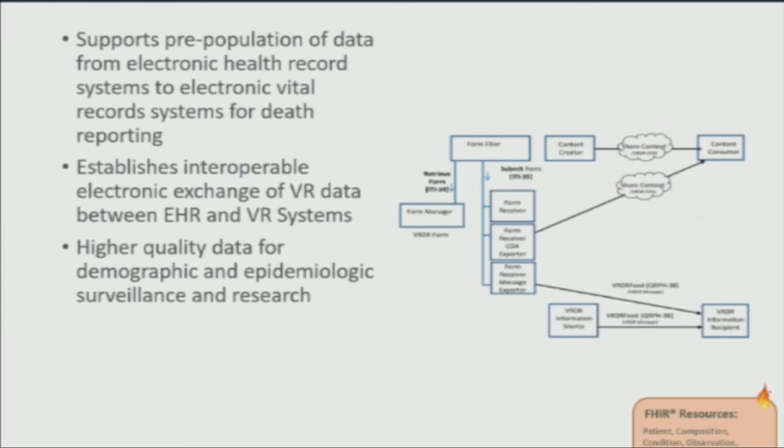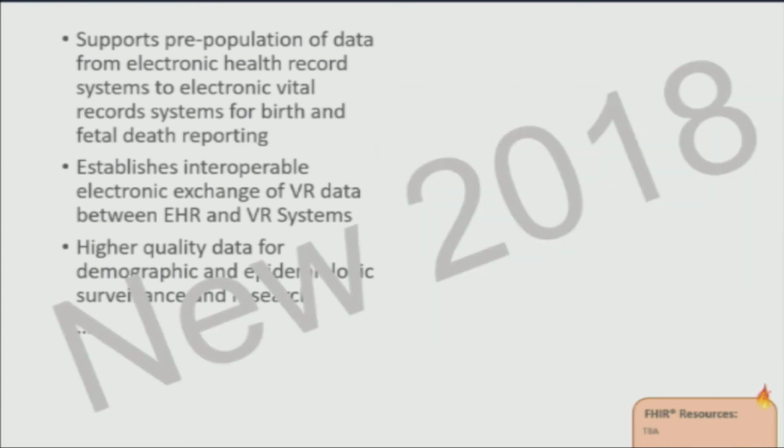And in almost all of these cases, the stakeholder organizations are asking for the CDA form because they know they can use that today, but they want to make sure that the FHIR form can come along with it. So in some cases, these are also informing the specification itself. And I think the last one is birth and fetal death reporting, rather similar to the vital records one. But again, what is the encoding?